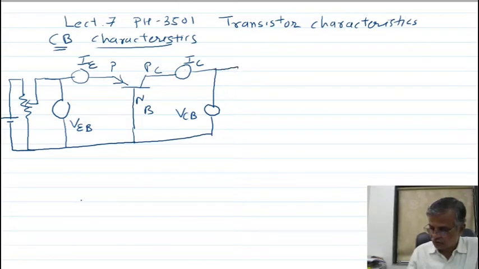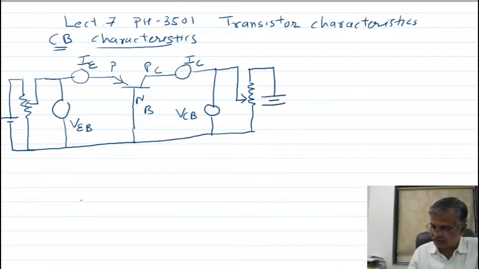Here also, for the output characteristics, to vary the output voltage, we have to use a potentiometer circuit. This is your PNP. The base-emitter junction is in forward bias, so the emitter should be connected to the positive because it is P-type material.